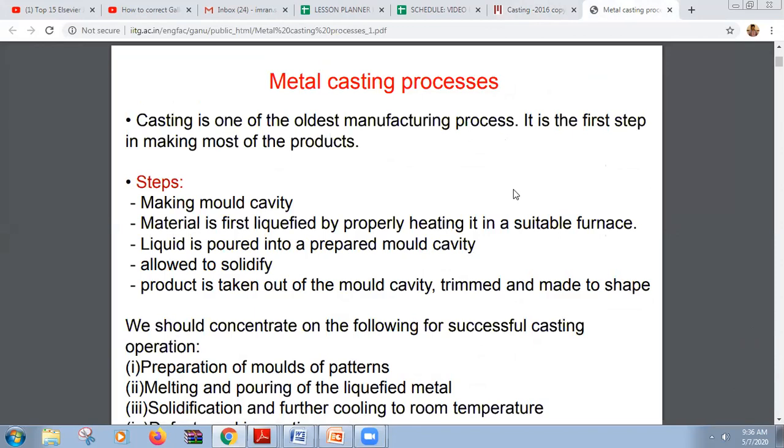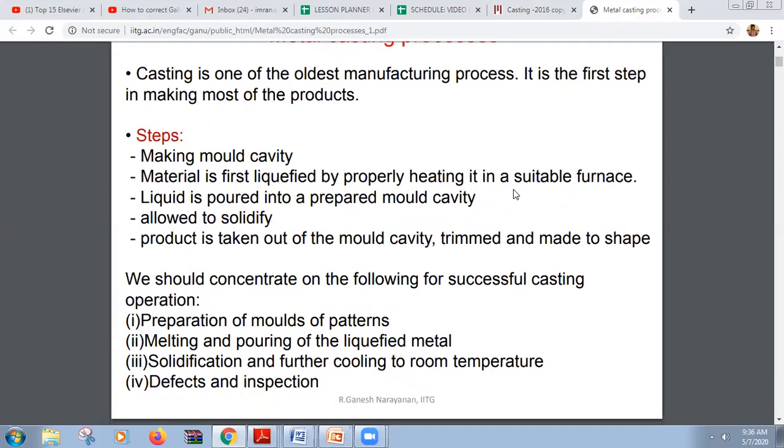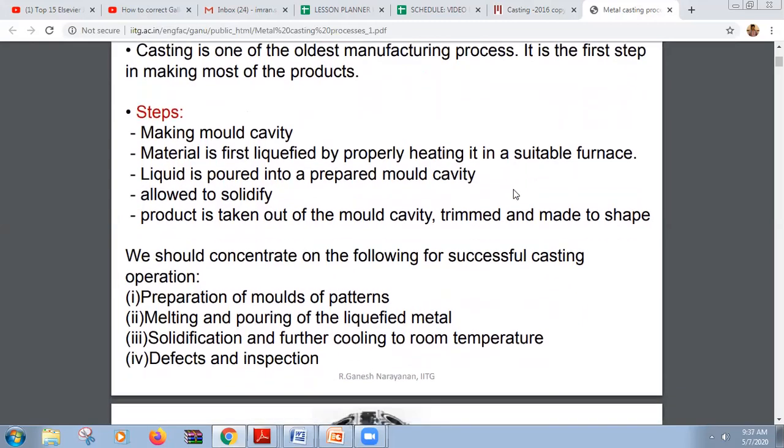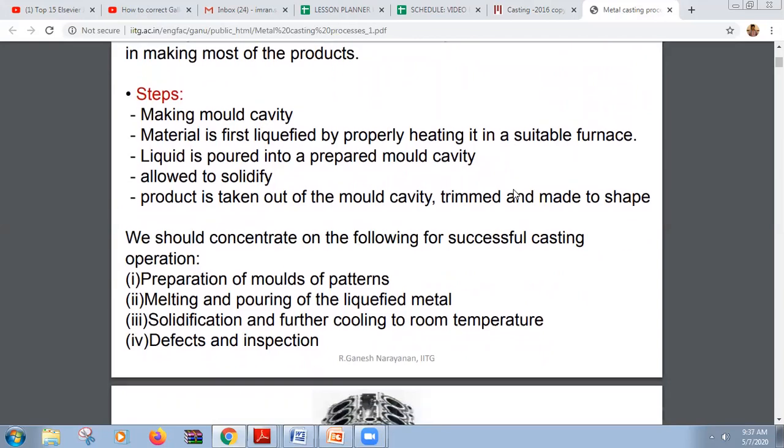Then we have to give solidification time, and only after that will we be able to take out the part. So initially we prepare the molds, then melting and pouring of the liquefied metal, solidification, and further cooling to room temperature. Then only would we be able to take out the part. After taking out the part, we inspect and find the defects.